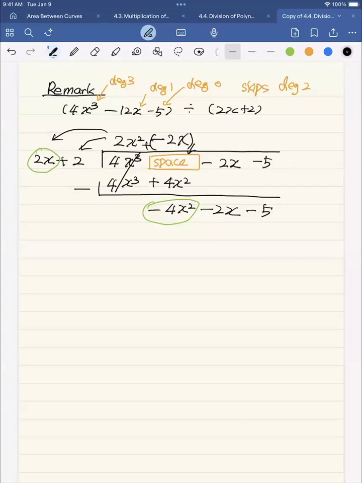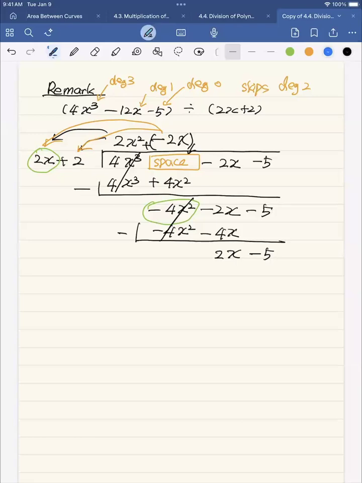Then we think about distribution. So that'll be negative 4x squared minus 4x. Subtract, then those two will cancel each other, and minus minus will make plus, and then it'll be 2x minus 5.